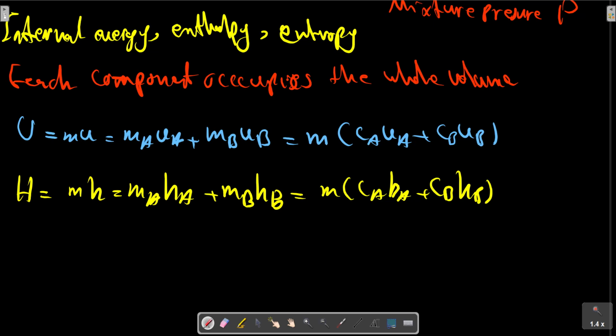In these equations, the quantities uA, uB, hA, and hB are the ideal gas properties of the component at the temperature of the mixture.